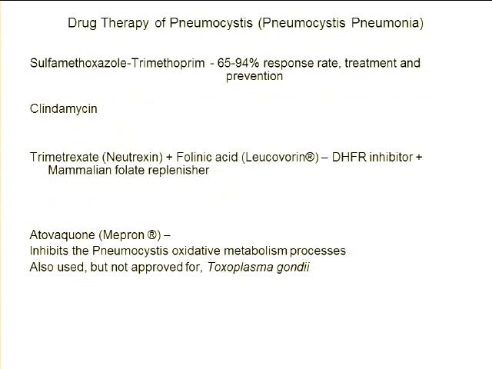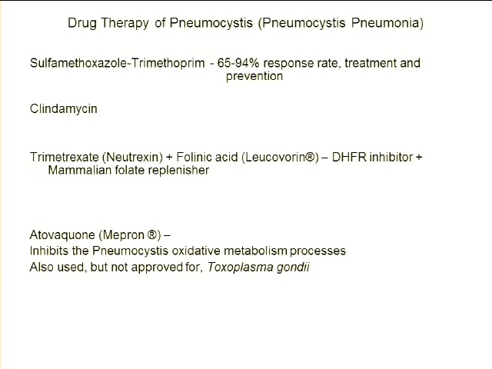So how do we treat Pneumocystis? There are 4 choices that I've listed here. Sulfamethoxazole-trimethoprim has a pretty wide and variable but pretty good response rate. Clindamycin can be used, and those are 2 drugs that we've covered already.